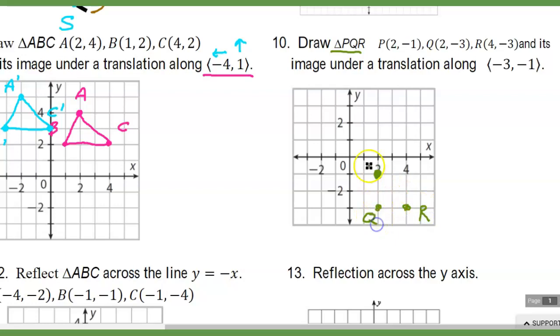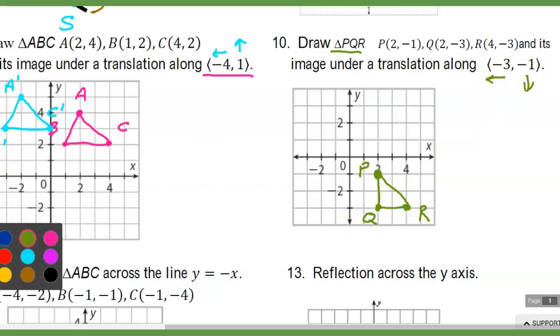R, Q, P. There we go. And we want to go left 3 and down 1 for our vector translation.